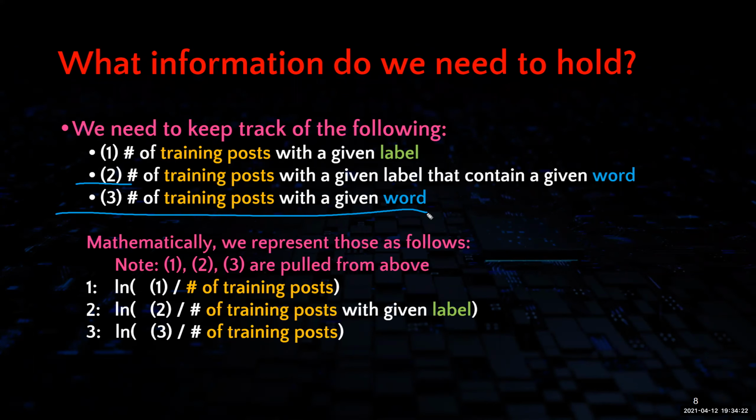I think it should be a set because we just want every single word. Yeah, that's a great point, but look at this. We're looking for the number of training posts with a given word. So we're asking ourselves out of our training posts, how many times does this word occur in our data set? So a pair again? A map again?